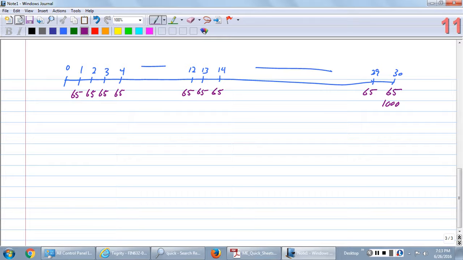There's an interesting thing that happens at the point of duration. This particular bond has a duration of 13 years. Let's assume that you own this bond, and every year you're reinvesting the $65 cash flows that you get. You're not going out and buying pizza every time you get a $65 check.